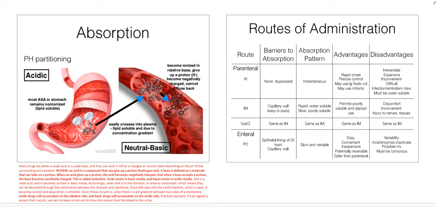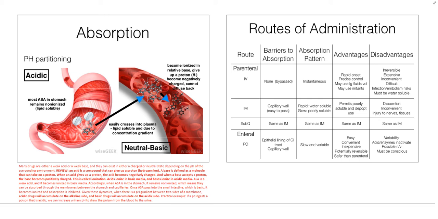When it goes into the kidneys, it'll be drawn, attracted to, and made ionized in the very basic urine, and will then be able to be flushed out. Because in general, acidic drugs will accumulate on the alkaline side of a membrane, and basic drugs will accumulate on the acidic side. That's kind of a lot to go over, maybe more than anyone wanted. I thought it was interesting.